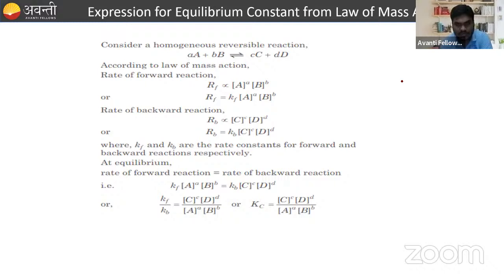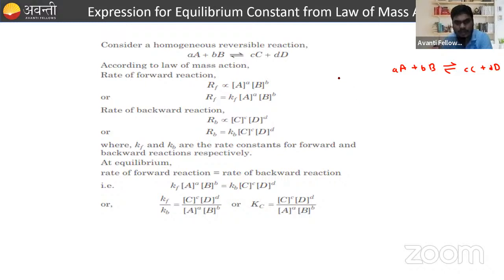So let's see how you derive the equation, that is aA plus bB giving cC plus dD. Okay. So how will you derive it?